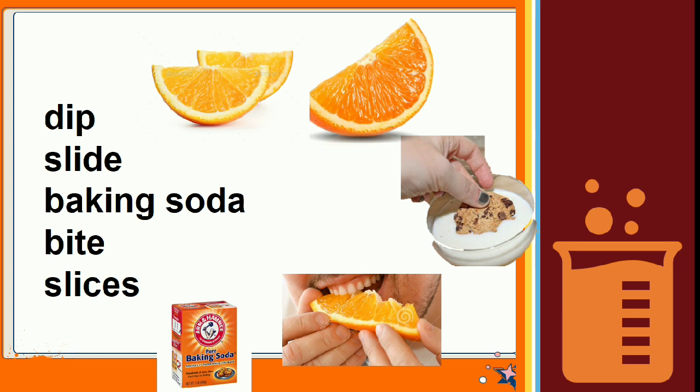Don't worry, you can check the video one more time and then you are going to learn these 5 new words. Dip. Are you correct? Slide, one slide. The slide is just for one. Baking soda, bite, and slices. Don't forget, slide is just for one, slices 2 or more.